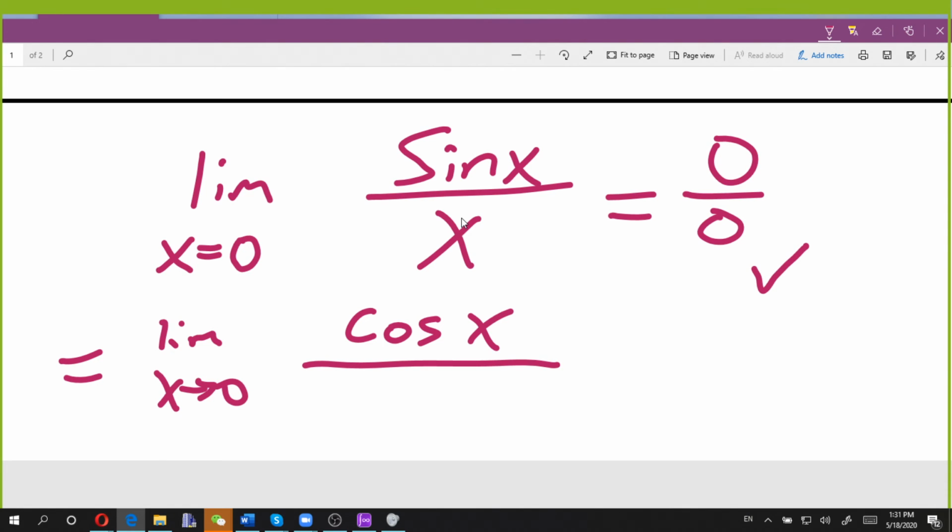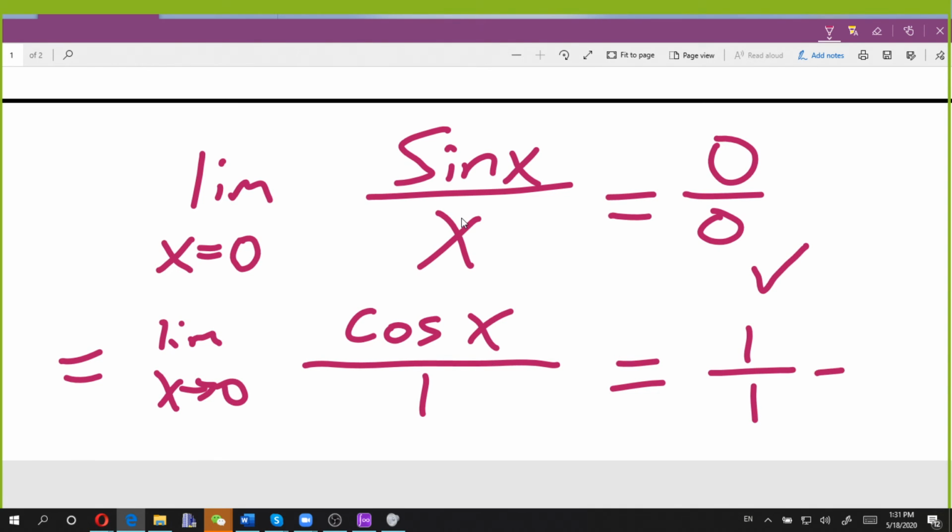Not 0? 1. Okay. So now if I plug in 0, what is the cosine at 0? 1.